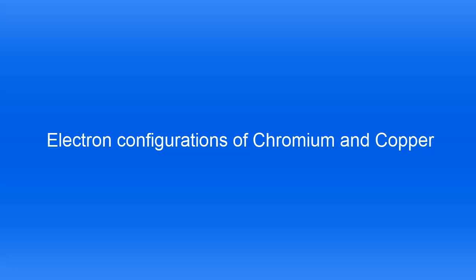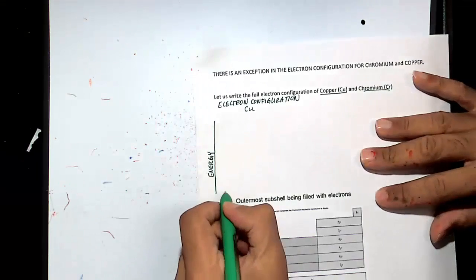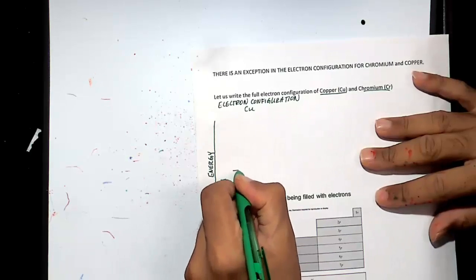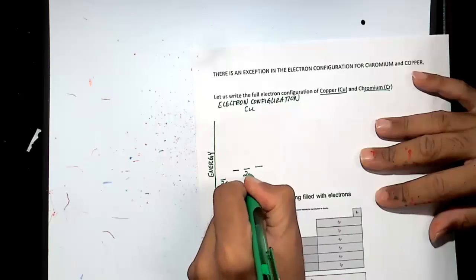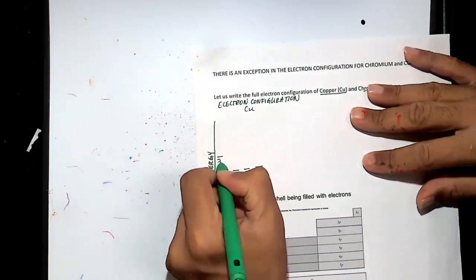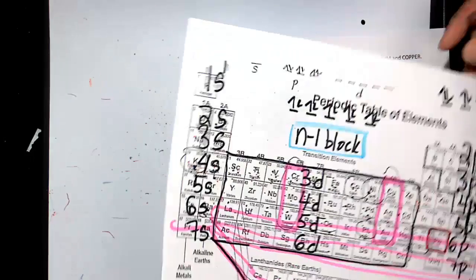I'm going to draw the scheme again. Energy is on the y-axis. How will the electrons go? First 1s, then 2s, then 2p, and then after 2p they go to 3s. After 3s they go to 3p.